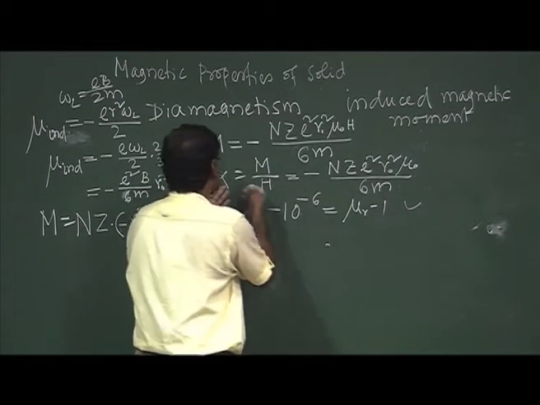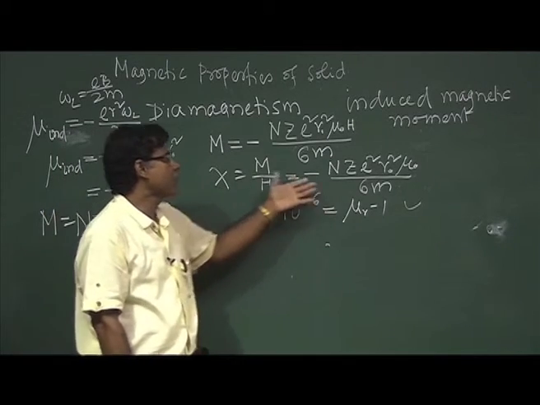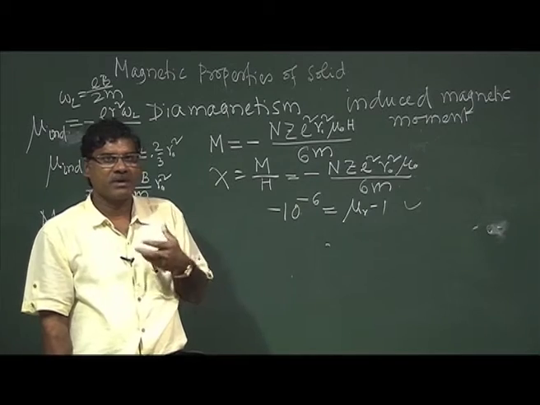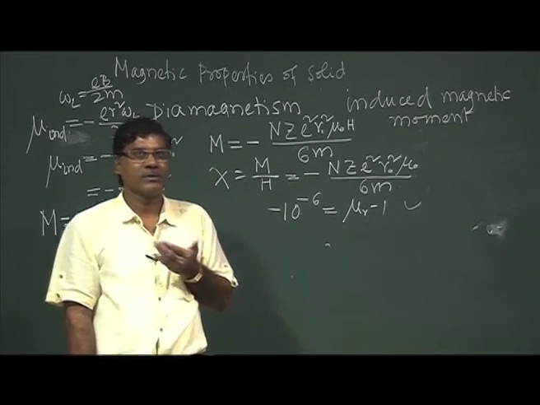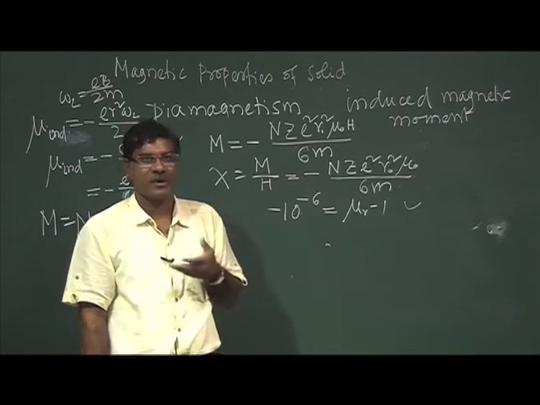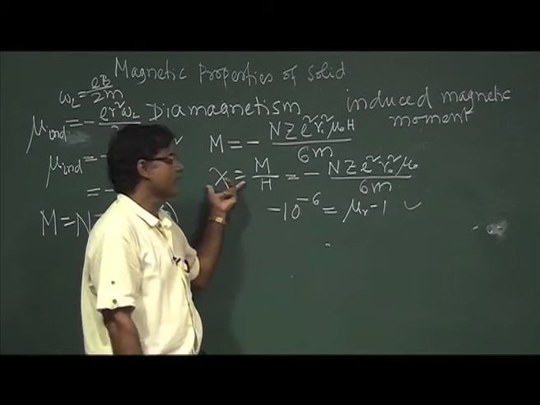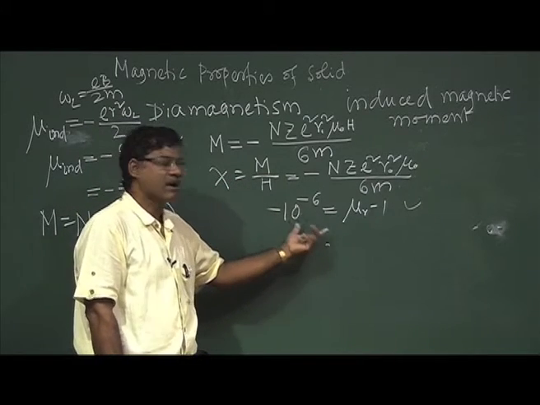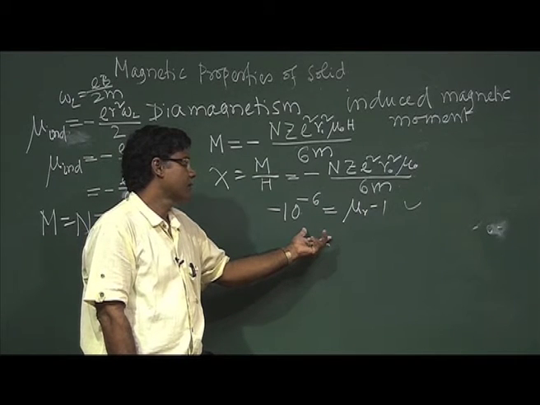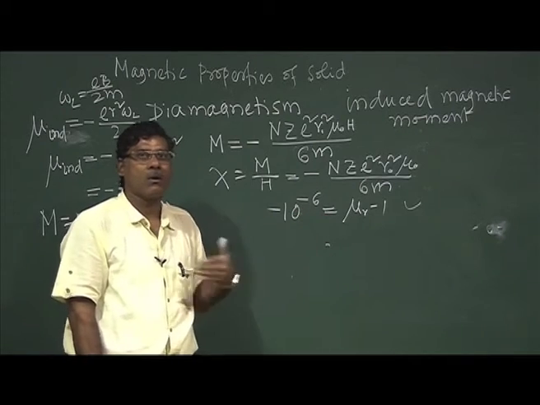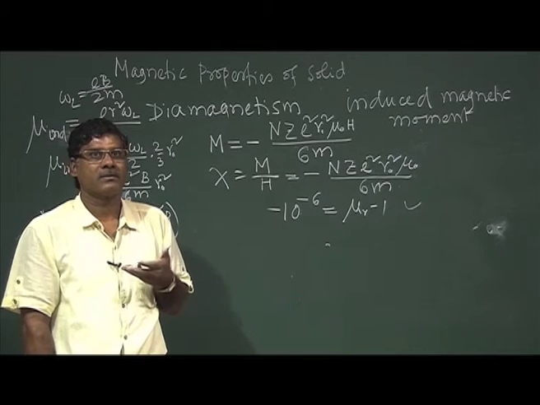This susceptibility is independent of temperature, because it purely depends on the orbital motion, and with temperature the orbital motion of the electron does not change. So it is independent of temperature, it is a very small value, and it is present in all materials, whether a permanent dipole moment is there or not.